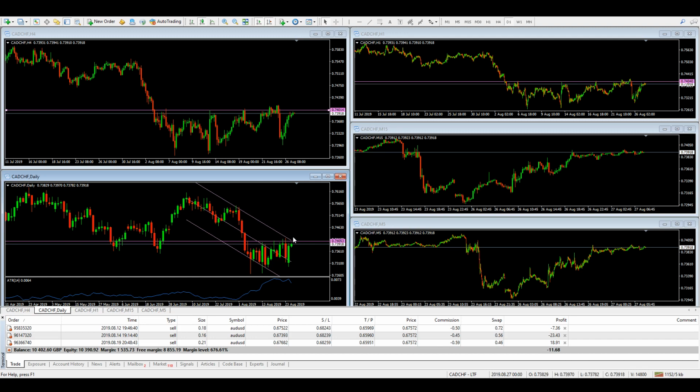So a stop loss above these previous highs is a sensible place for a stop. So above this troublesome resistance area, and it's been very, very choppy.